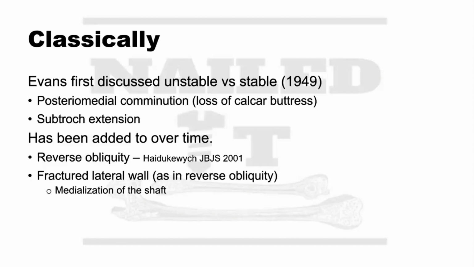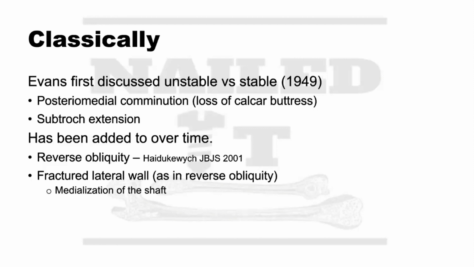Of note, we weren't using intramedullary nailing at that time, so it was just a discussion of beware of secondary failures in these fractures. Those two things have been added to over time. We talked about reverse obliquity, Hajdukovic in JBJS 2001 mentioning that. And now we're talking about a fractured lateral wall, as in a reverse obliquity that has a fractured lateral wall. We know that's likely to fail.